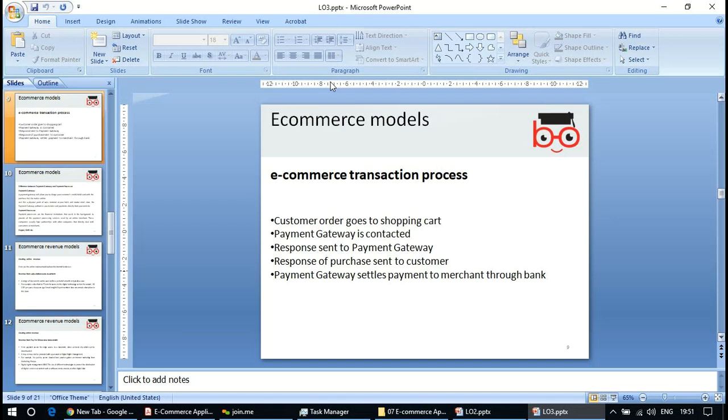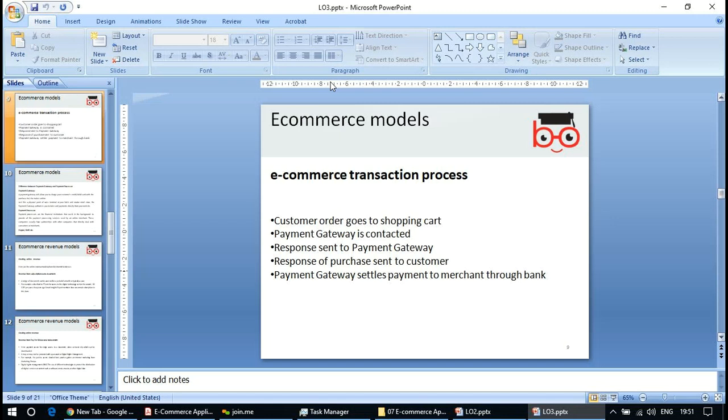So it is the responsibility of the payment gateway to communicate on behalf of the customer and the merchant to whom the payment needs to go. They would verify if the funds are available in the customer's bank account or card, and once done, they would create a mutual agreement between them.